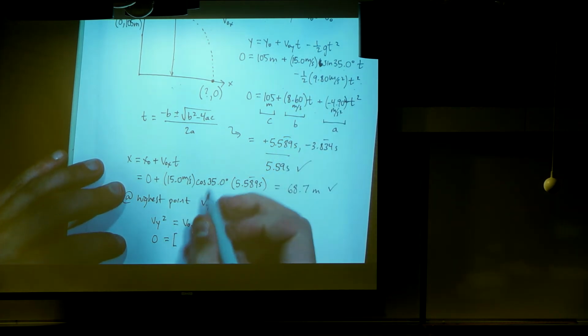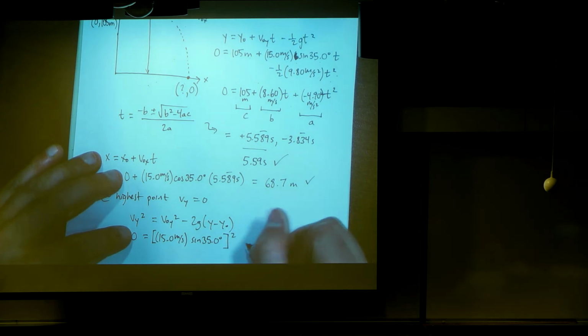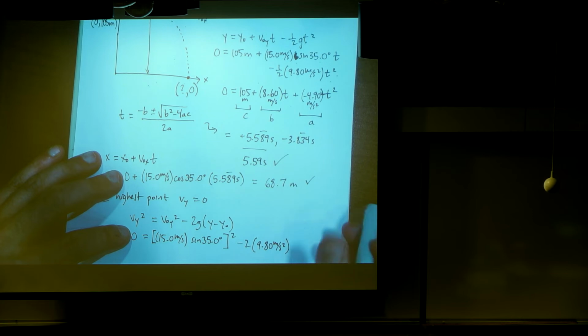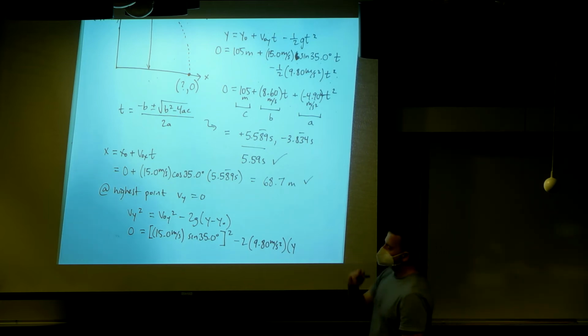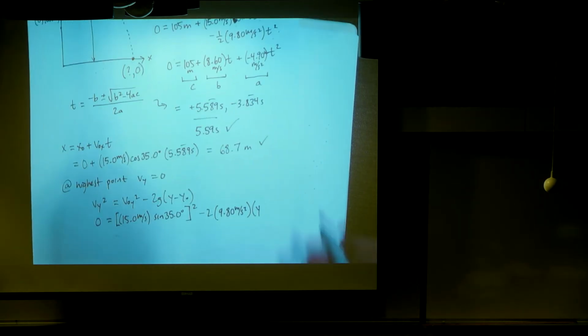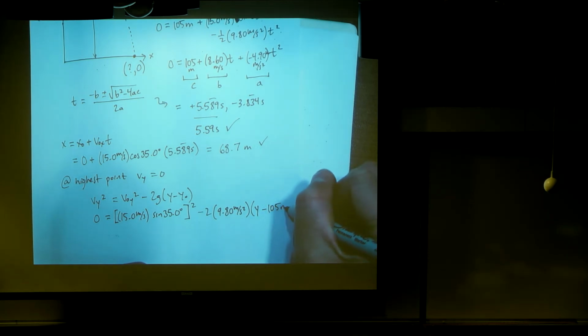We already established that, so it's 15 meters per second times sine of 35 degrees, and we're squaring that whole thing. So that's v naught y. All right, then we have minus 2 times g, which is 9.8 meters per second squared. And then we have y, which we don't know. y is the final height off the ground, so let's leave it as a variable. But we can subtract off y naught, which is the initial height off the ground, which is 105 meters.